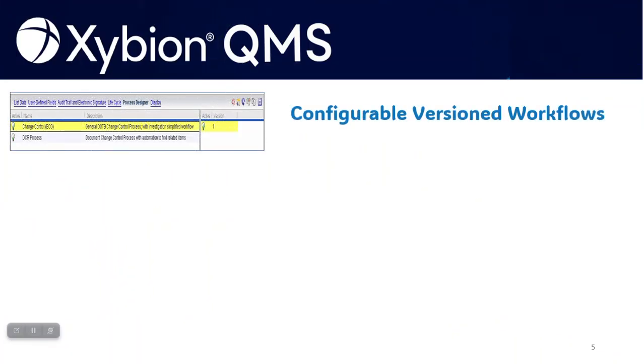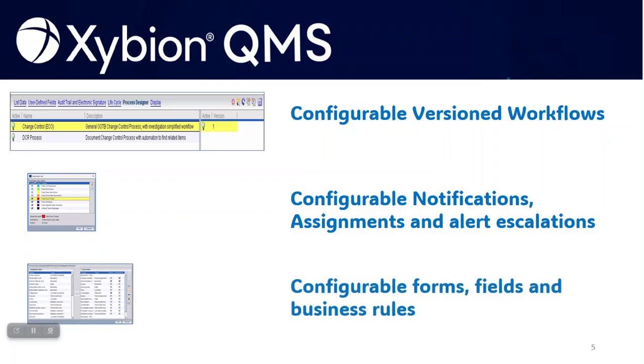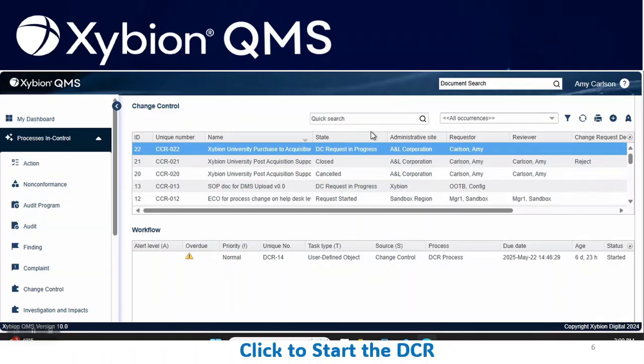Within Xybion QMS, the advantage is that you can create multiple workflows or tweak the workflows. They are versioned. We also have configurable notifications, assignments, and alert escalations, and configurable forms, fields, and business rules. So your process, your way through these change management controls.